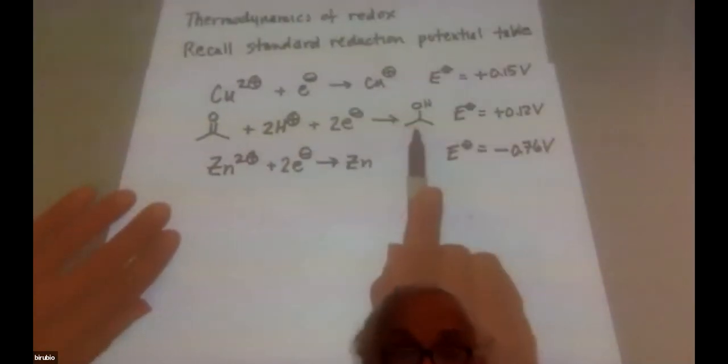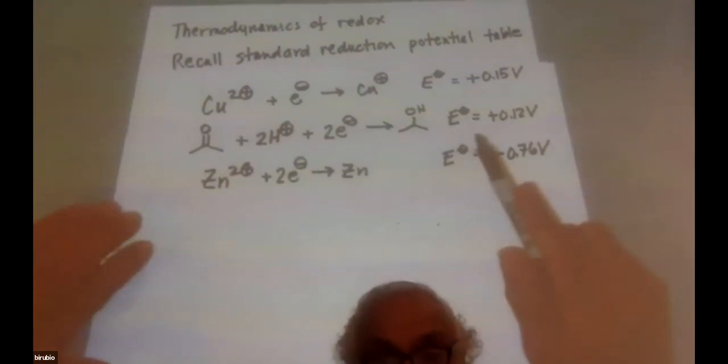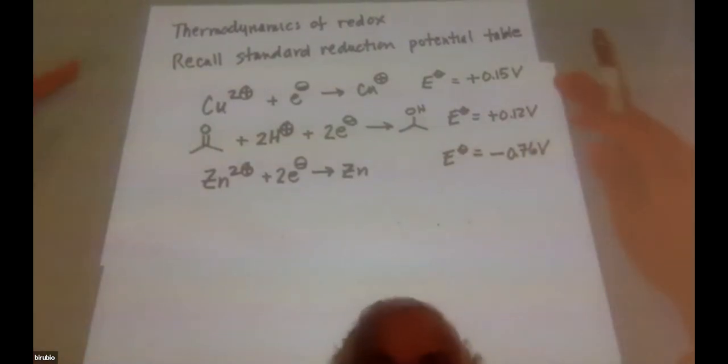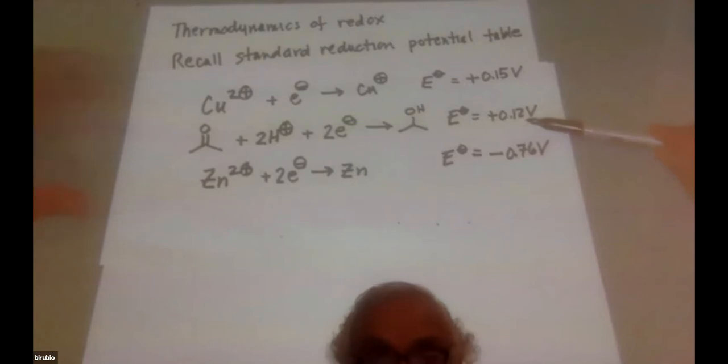Because we're asking ourselves, what can oxidize? So this one has to be reversed. It has to be the oxidation. It must be paired with a reduction reaction which has a more positive E0. In other words, this one. So that one will happen as a reduction. This one with the more positive E0 will happen as written. This one will have to be reversed. That's the reaction that we want to happen.